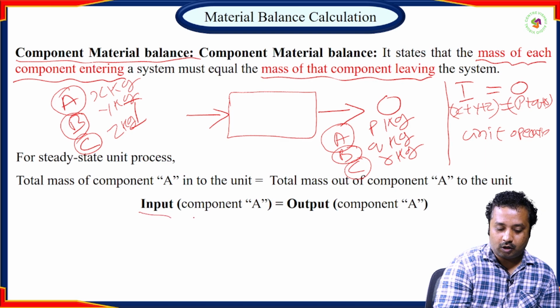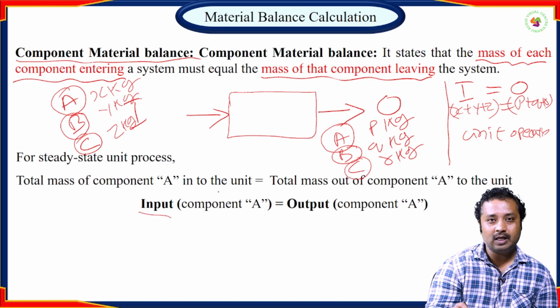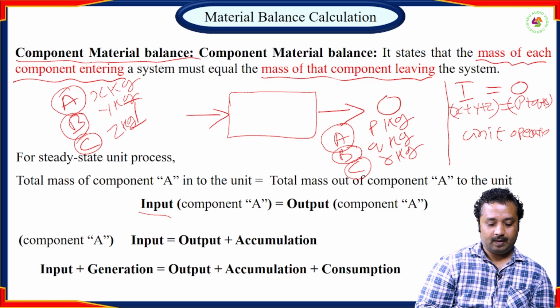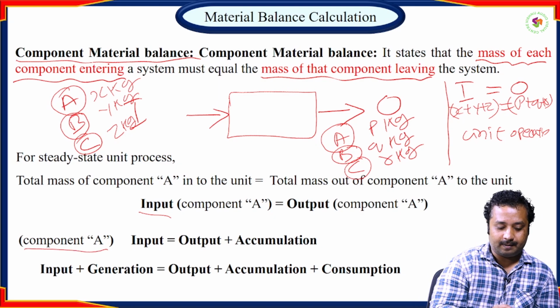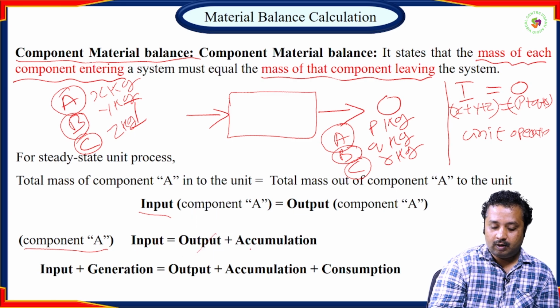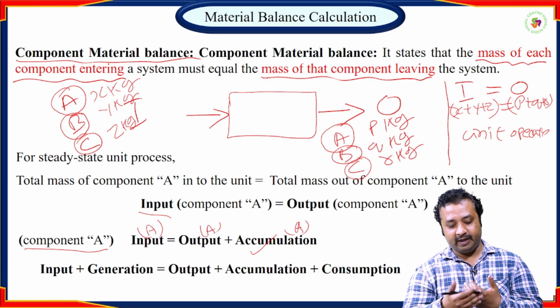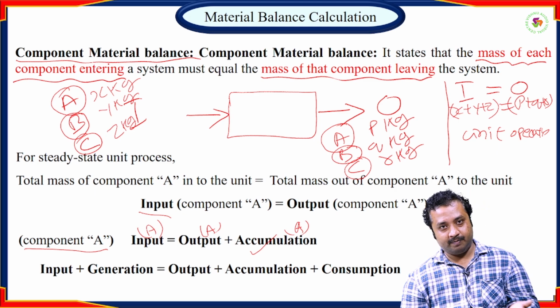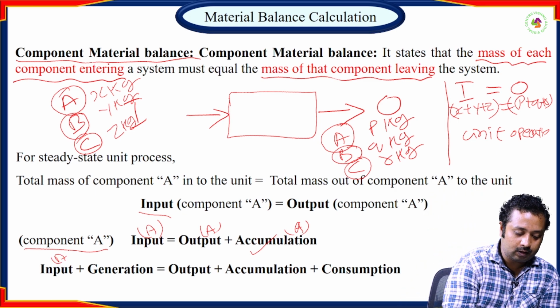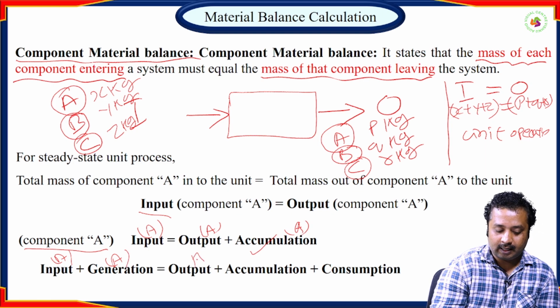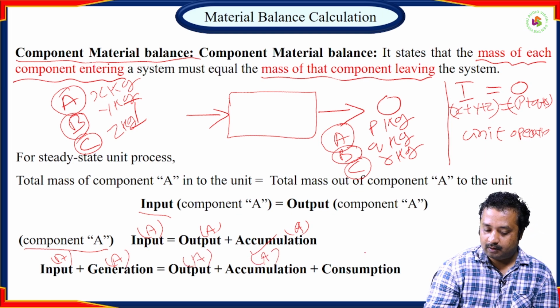So the input of only component A should be equal to the output of only component A. Or if some accumulation or some reaction is there, then for component A only we consider the total A in input, total A in output, and total A in accumulation. Similarly, when some reaction is happening: total A input, total A generated, total A in the output, total A accumulation, and total A consumed.